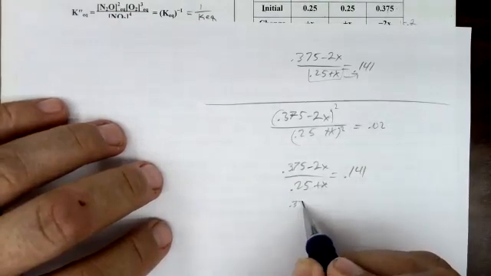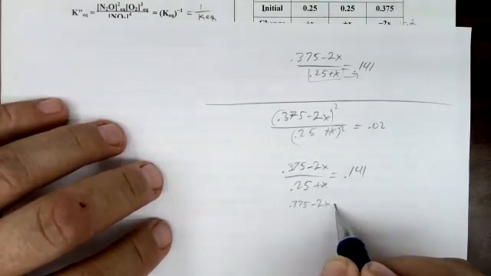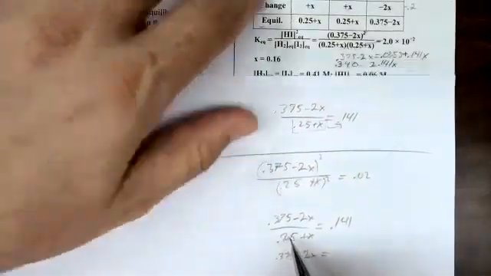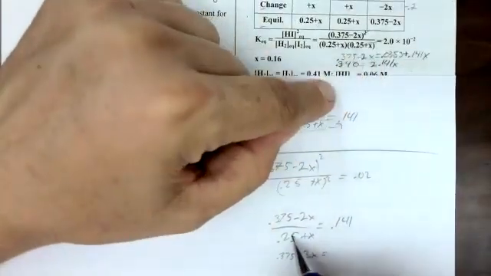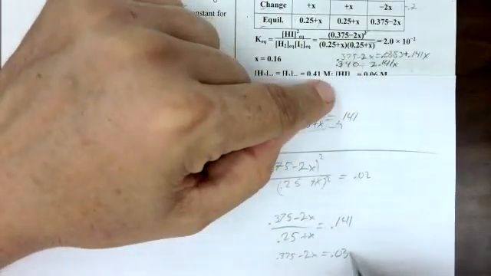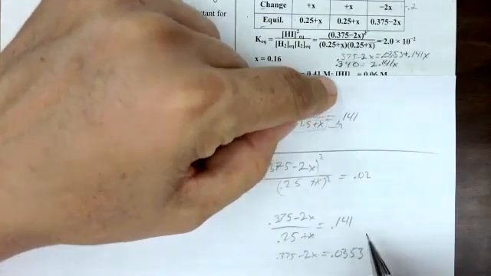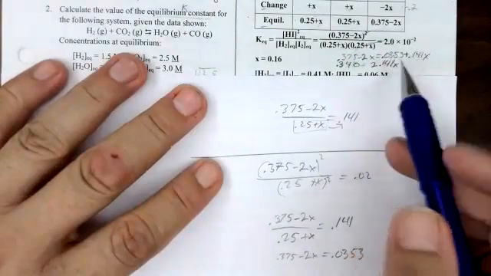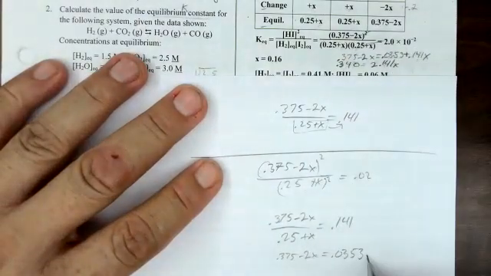So 0.375 minus 2x equals this times that. And I'm going to cheat because I worked it out before, so this times that is 0.0353. Well, it's not going to be much. And then we have to do this times x. Well, it's obviously just 0.141x.